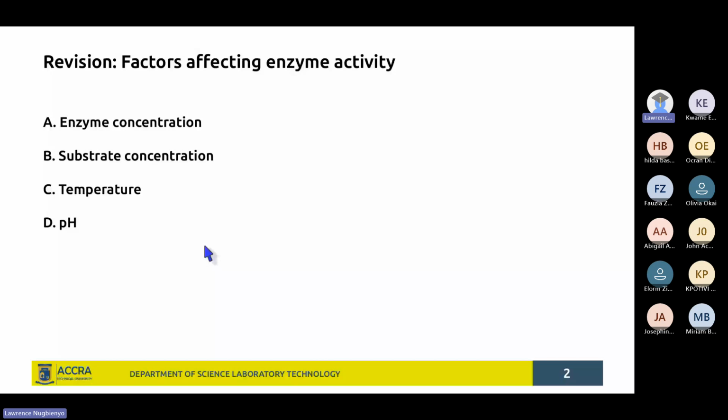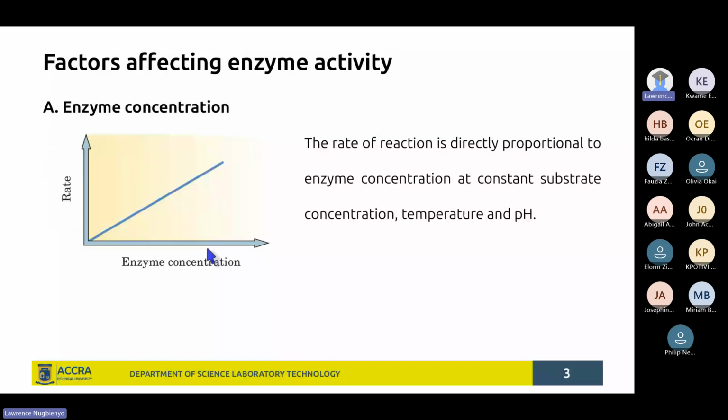And how do these affect enzyme activity? When you look at the relationship between enzyme concentration and the rate of the biochemical reaction that the enzyme will be catalyzing, you notice a linear relationship. That is to say that with increasing concentration of enzyme, you have an increased rate of reaction.